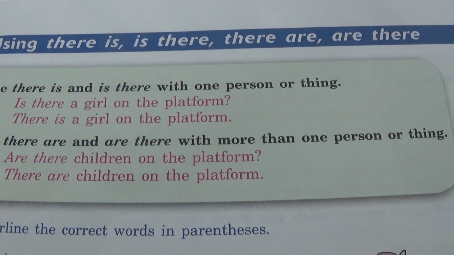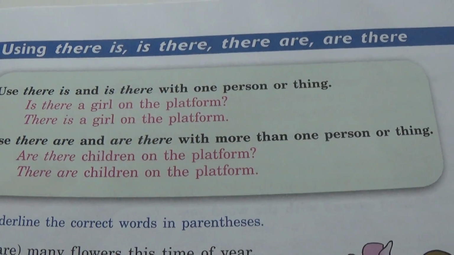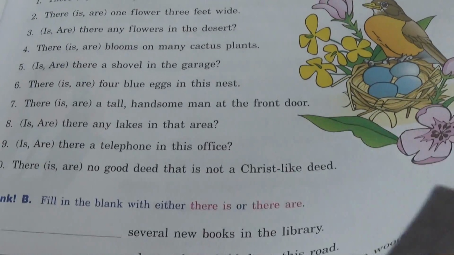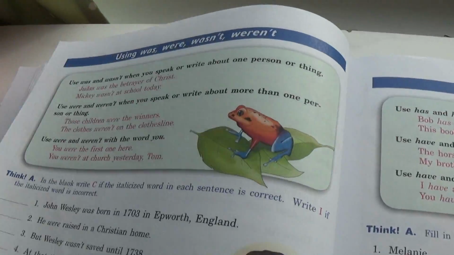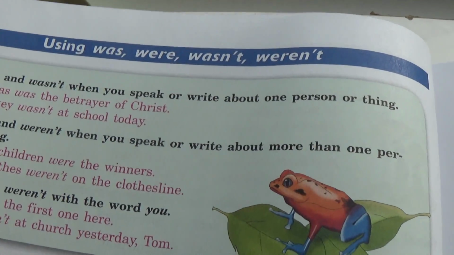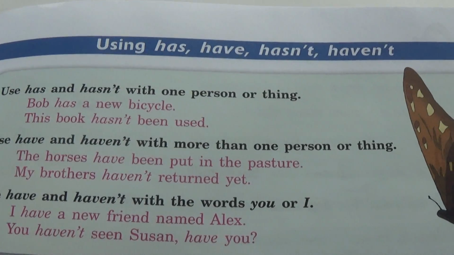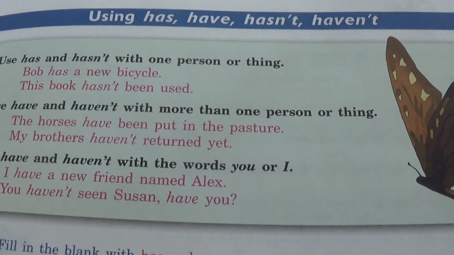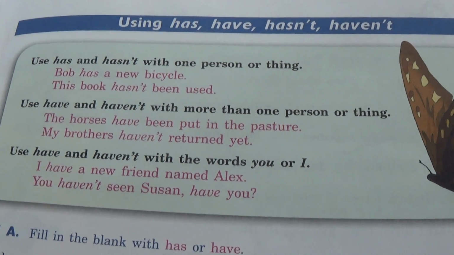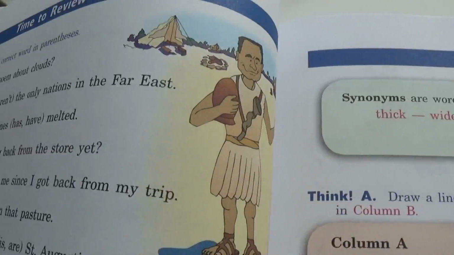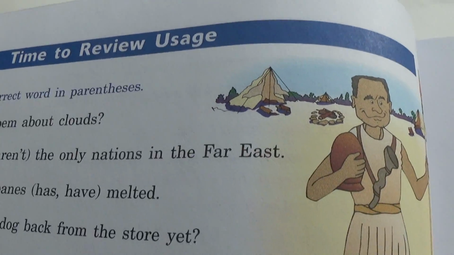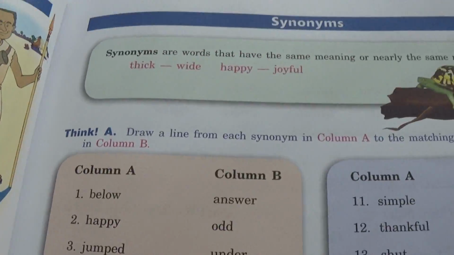Using there is, there are, and are there. Using was, were, wasn't, and weren't. Using has, have, hasn't, and haven't. All right, and then some more review.